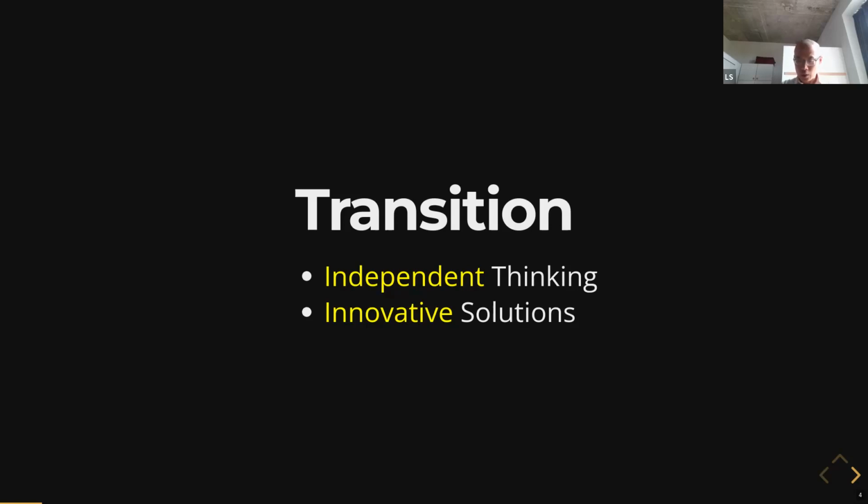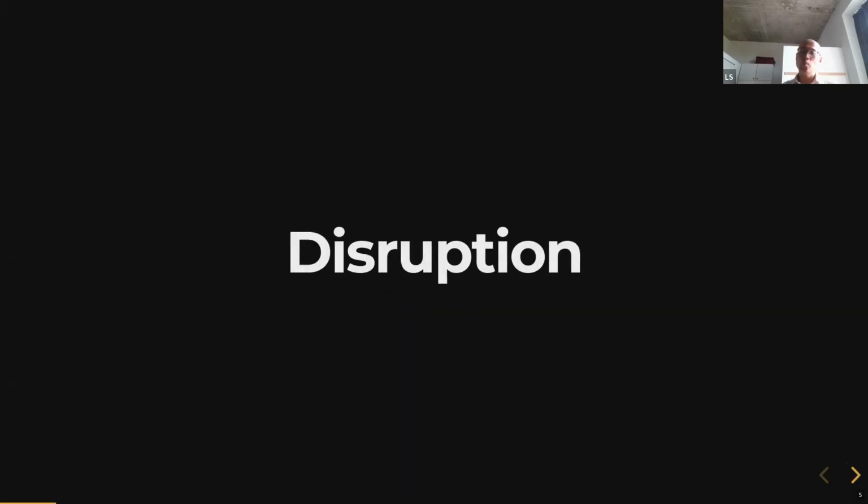All right, so as you see, we are making a change from computation, or using the tools, into modeling. That's a transition, but sometimes a transition may also mean a little disruption.